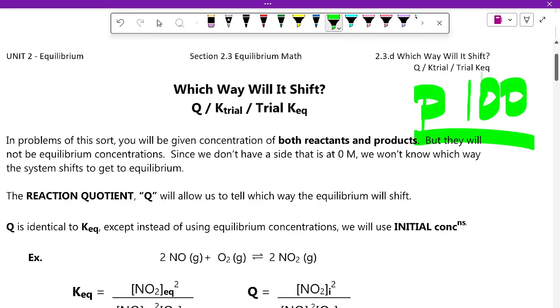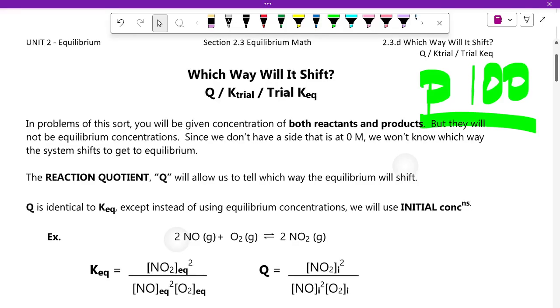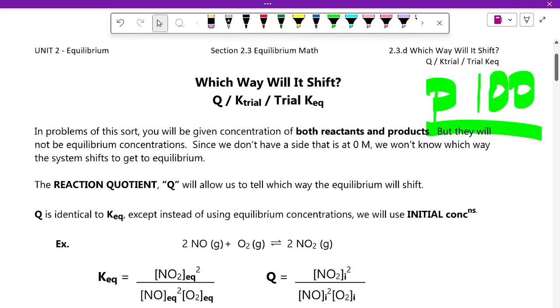So what we're going to do here is say, which way will it shift?